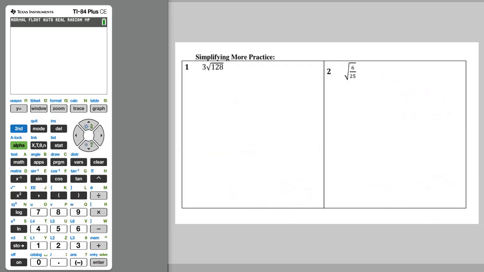So our final two problems are going to be these guys right here at the bottom of your worksheet, simplifying, just some more practice. So what you're going to have to do, again, I would highly recommend, if you're not confident with what to put in your calculator to start this, remember, if you type the whole thing in your calculator, and even if you just type the radical in your calculator, most likely you're going to get an irrational answer.